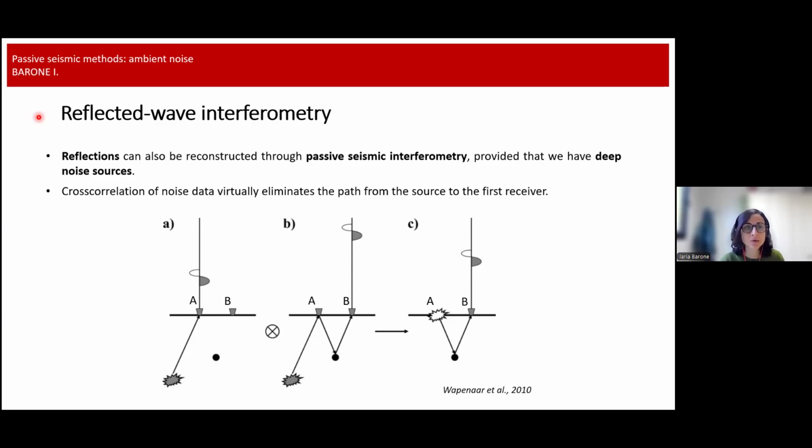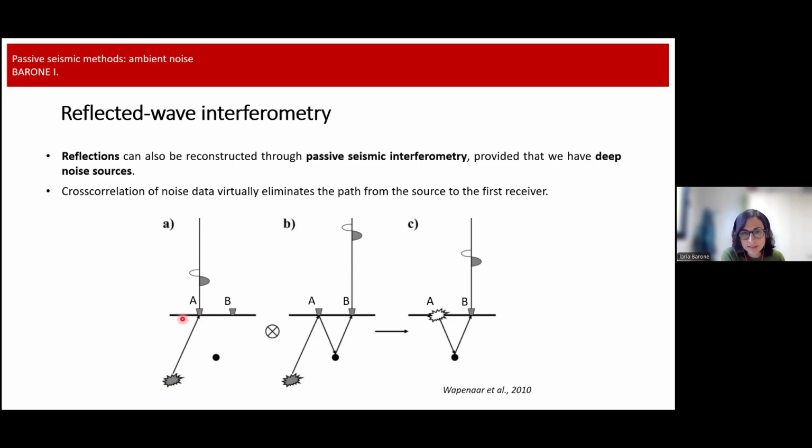And in this case, what we need is not plane waves propagating from different azimuths, but sources that are deep down, in the deep layers of the subsurface, propagating upwards, from down to the surface.